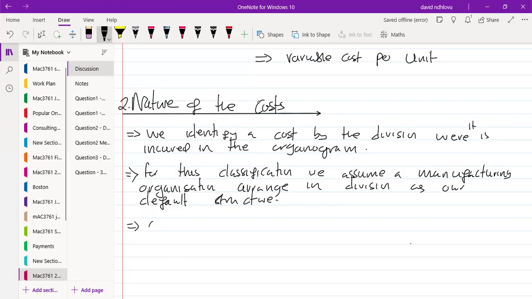Our default structure will be as follows.